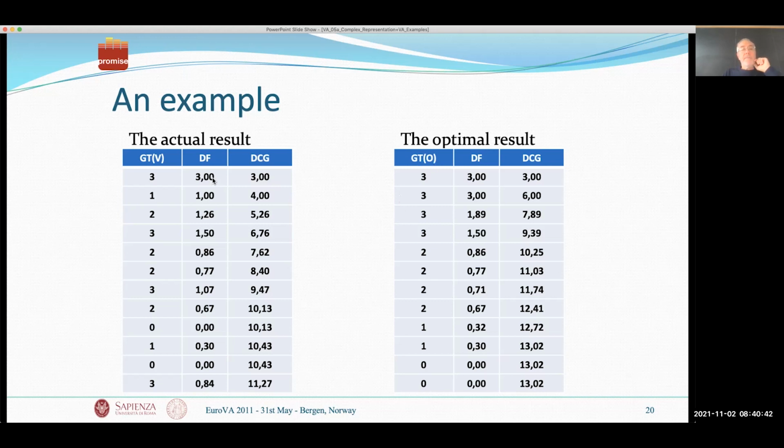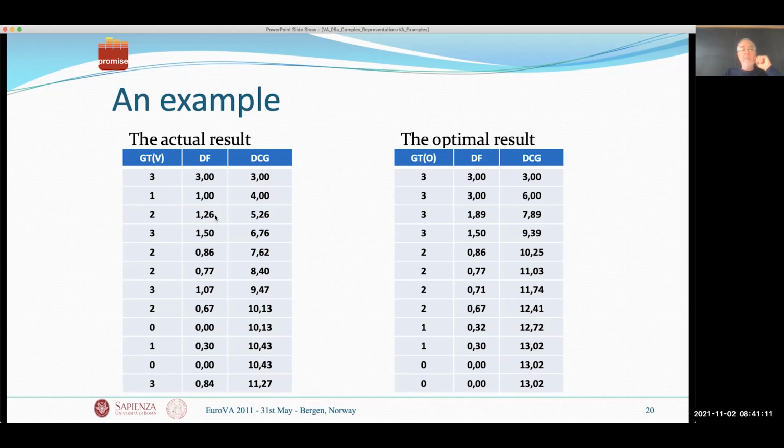And here we have the gain of the user. The user reads the first element and he gains 3 pieces of information. Let's say this is our unit for that. After the next one you get 1, because the relevance is 1, then 2, and here you see, from this point on, the discount gain has been introduced.